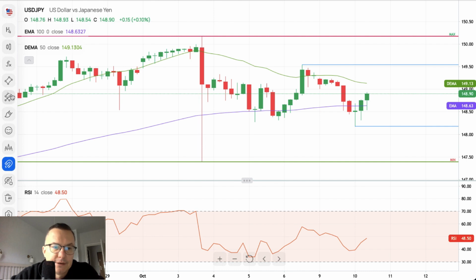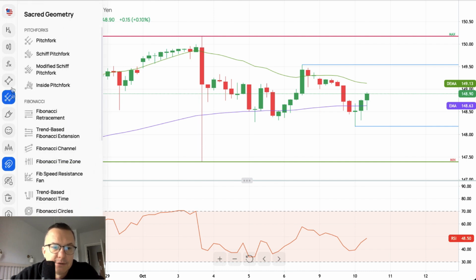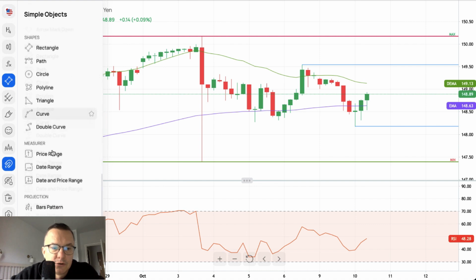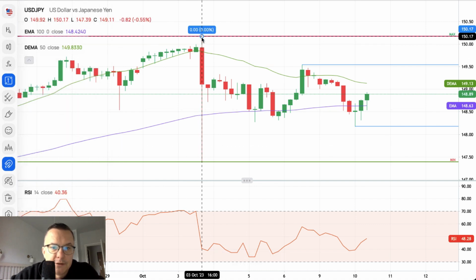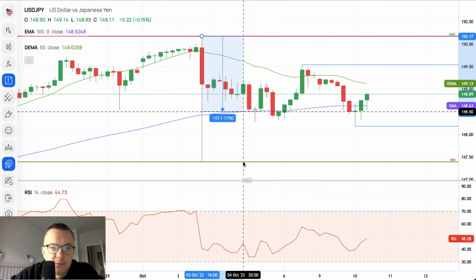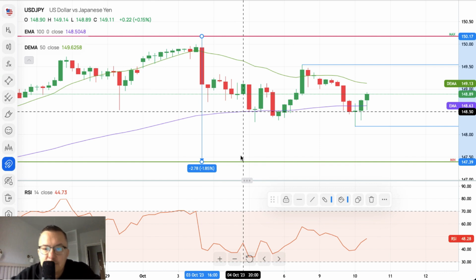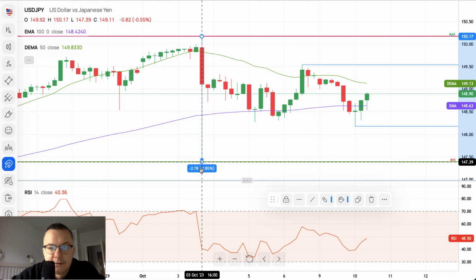Let me take a look here at my price range tool. This will be like 2% or something like this. There you go, minus 1.85% in one 4-hour candle. That's a pretty impressive result for this market.